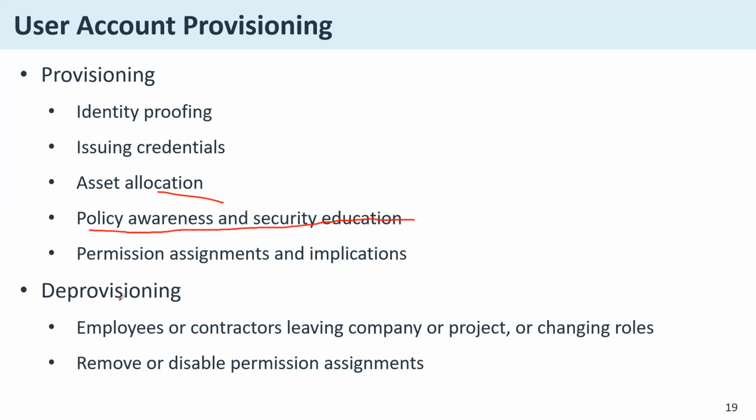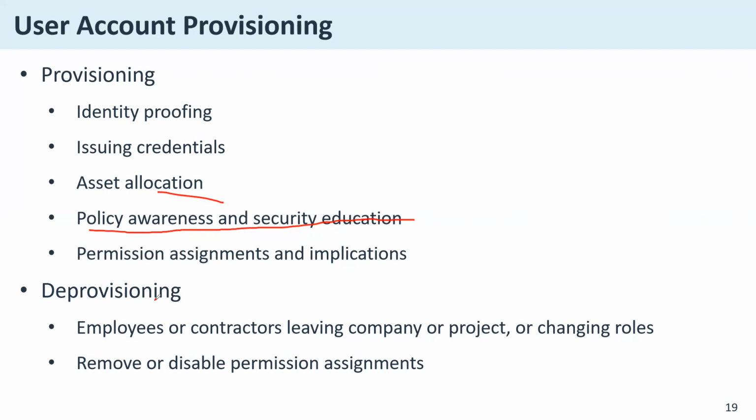Then for the deprovisioning, like I used to say when I was in the bank, when you find out that you cannot have access to some kind of assets within the enterprise, you start thinking, okay, maybe I'm under probation or I'm about to get a sack.